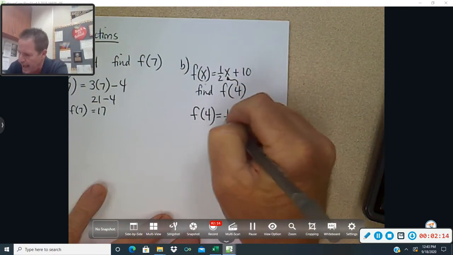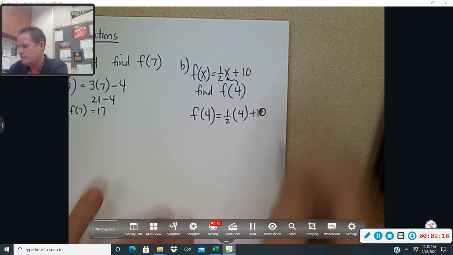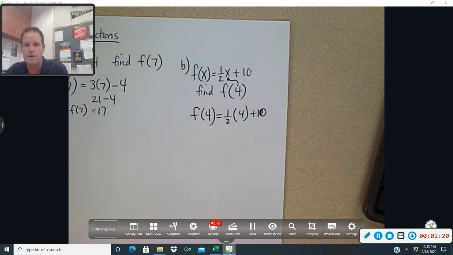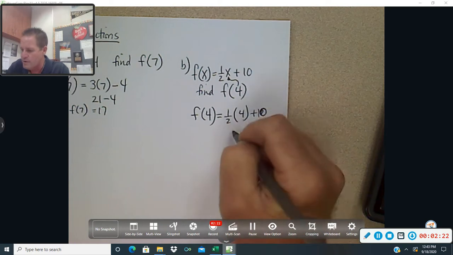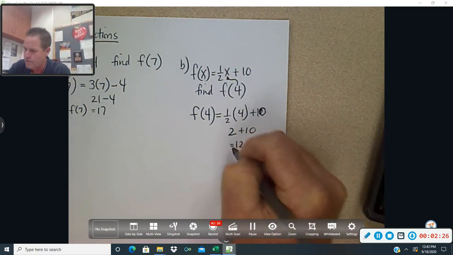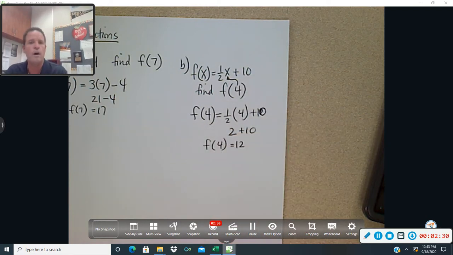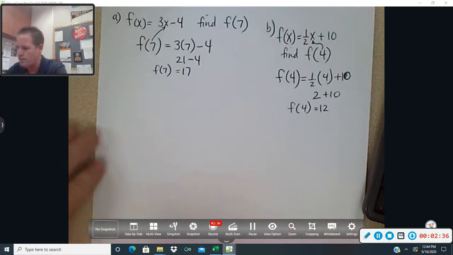So it's going to be 1/2 times 4 plus 10. 1/2 of 4 is 2, and 2 plus 10 is 12. So f of 4 is 12. Not very hard to do, but they get a little harder as we go.